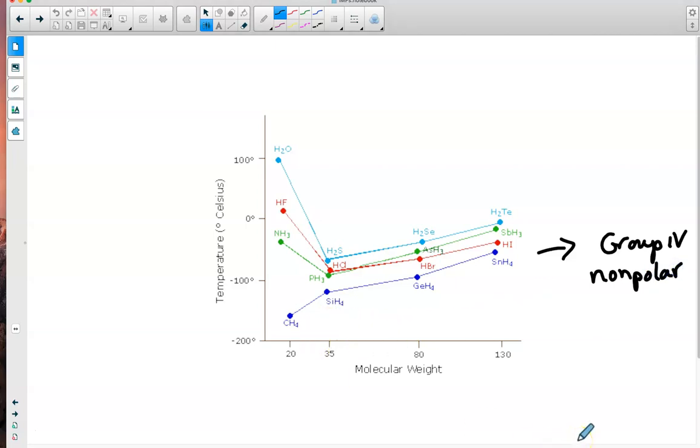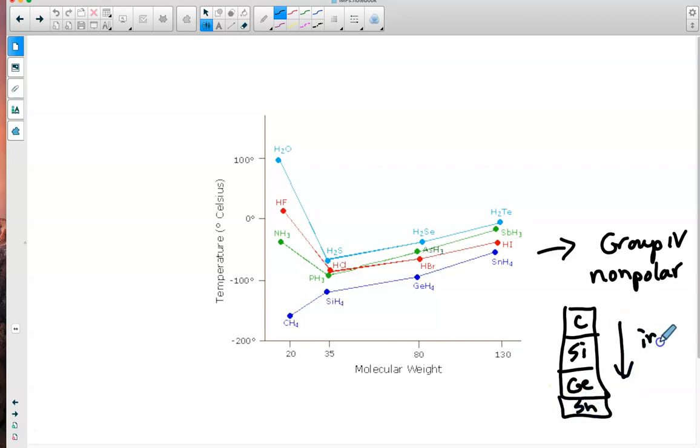And as you go from carbon down to silicon, down further to germanium, and then down to tin, your mass is increasing. So this would be my column.